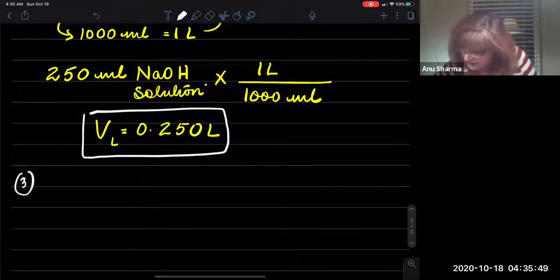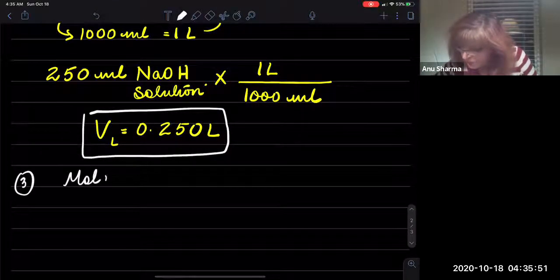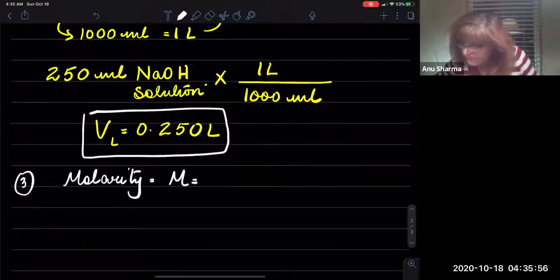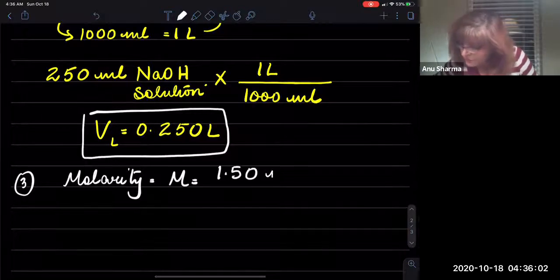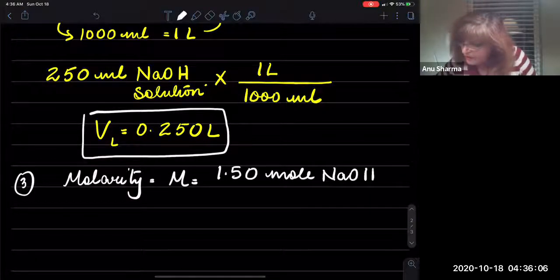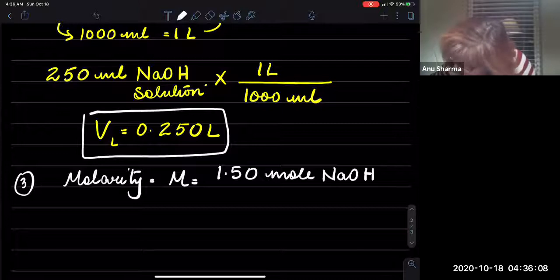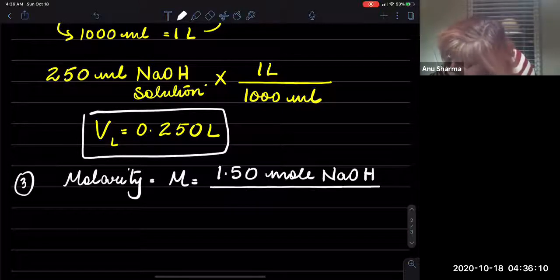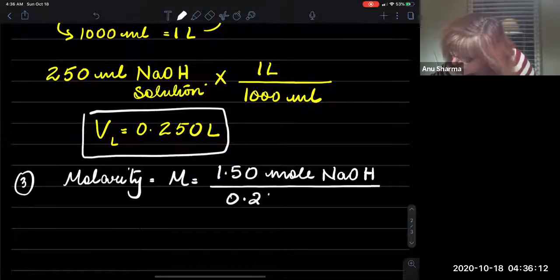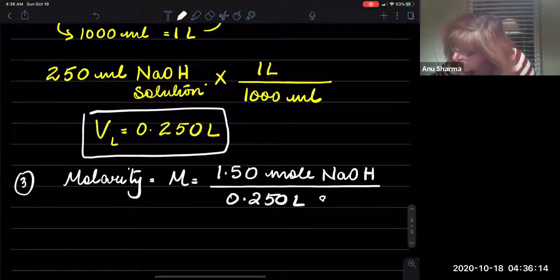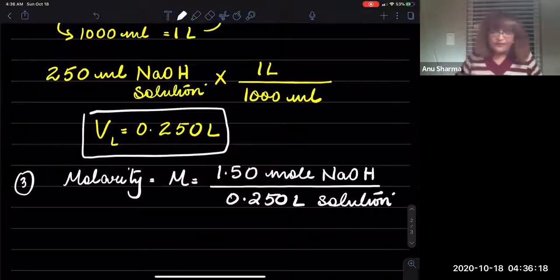So your third step is the molarity of this solution. Molarity M is equal to the number of moles of NaOH, 1.50 moles, divided by the volume, 0.250 liters of the solution.